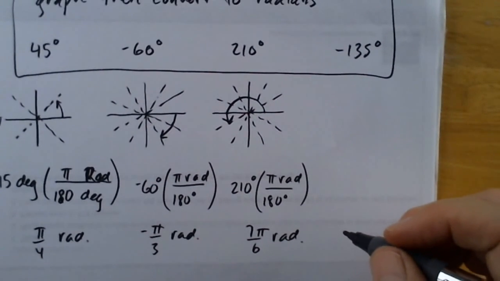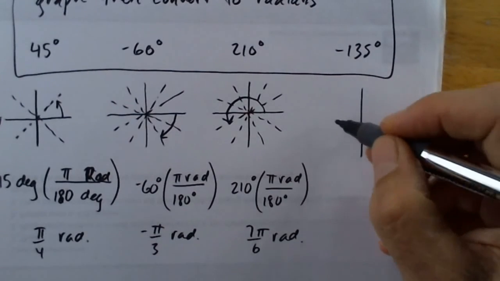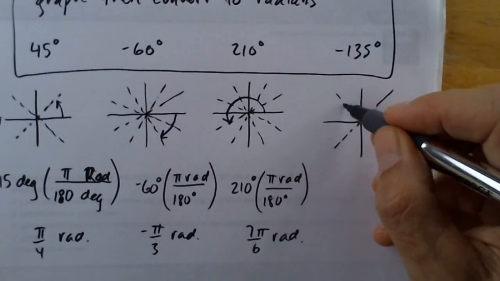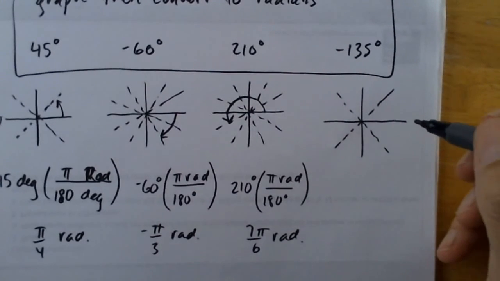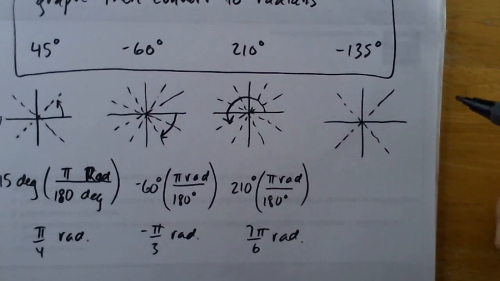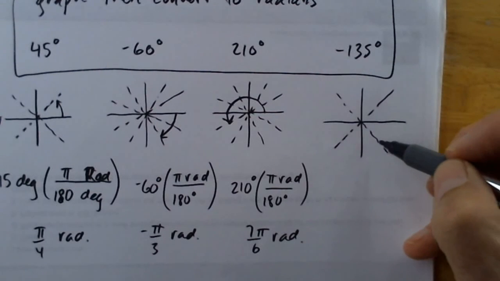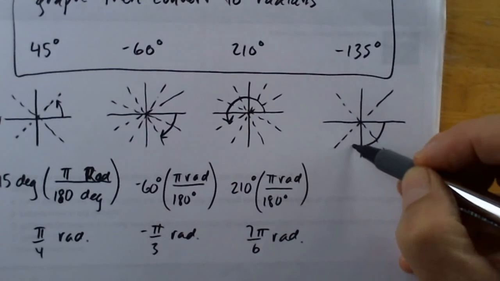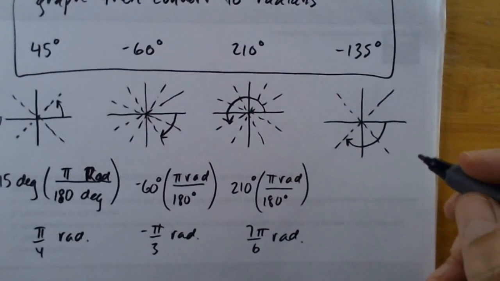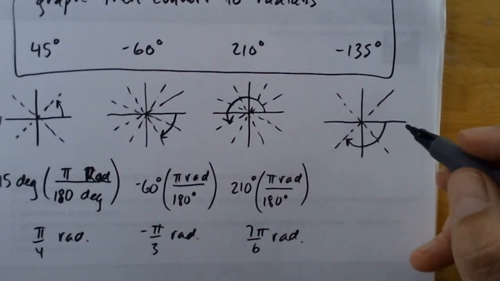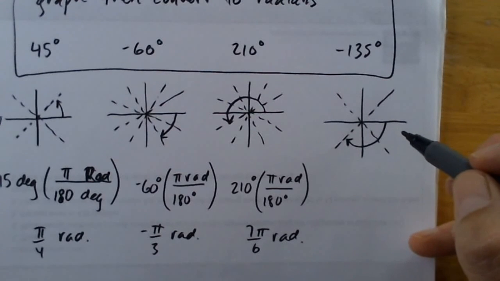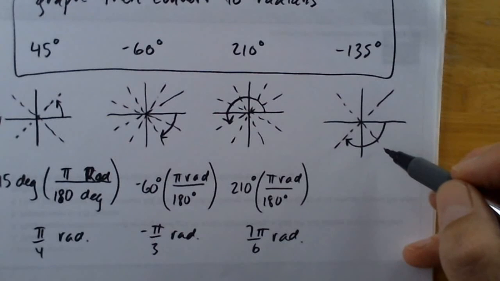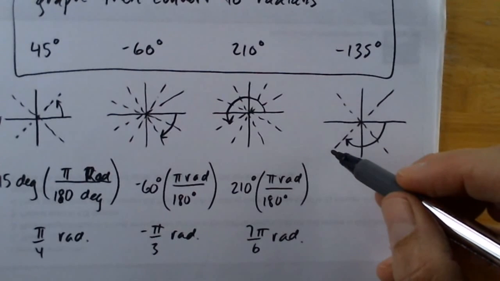Okay, 135 is a multiple of 45, so let's draw 45s. And we're going to rotate negative 135, so that's going to be negative 45, negative 90, negative 135, rotating to there. And we can count pi over 4, so that's going to be negative pi over 4, negative pi over 2, negative 3 pi over 4.